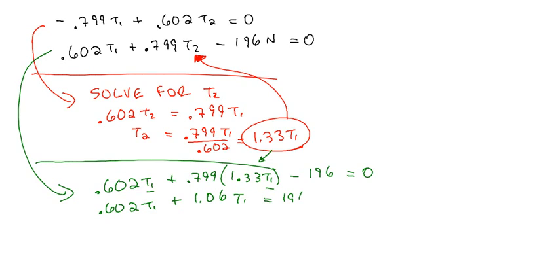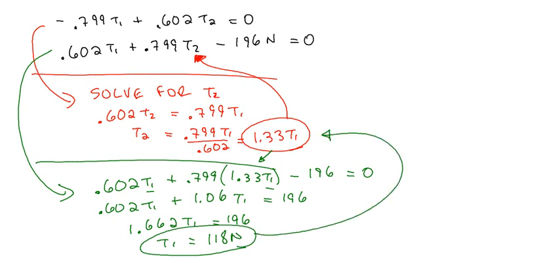I'm going to go ahead and put the 196 on the right hand side, adding that to both sides, and then I would have 1.662 T1 equals 196, and if I take the 196 divided by 1.662, then T1 has to hold 118 newtons, and knowing that, I can bring it up here, and we had that T2 was equal to 1.33 T1, so that would be 1.33 times 118 newtons, and that comes up about 157 newtons.